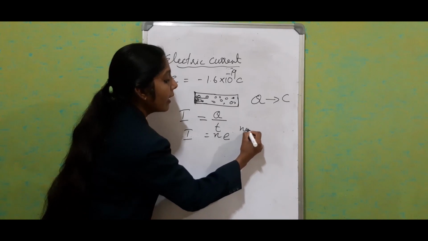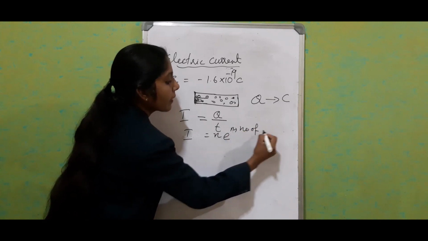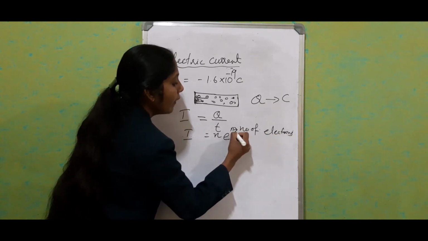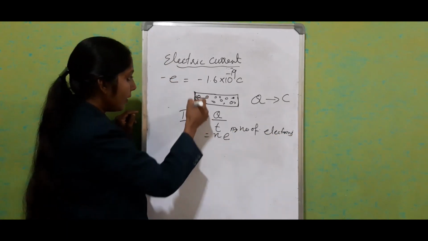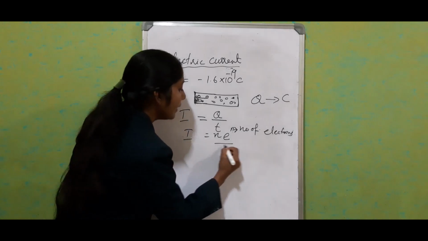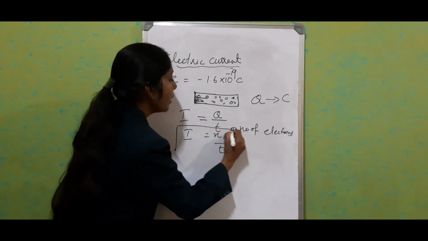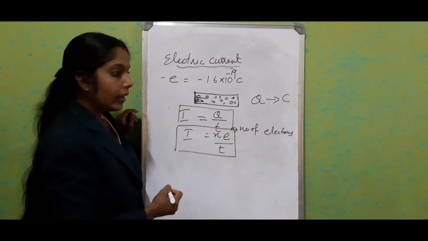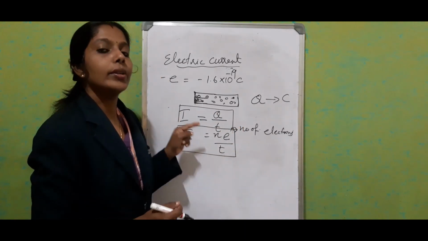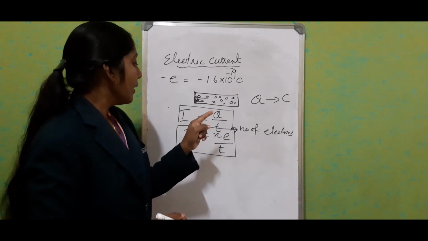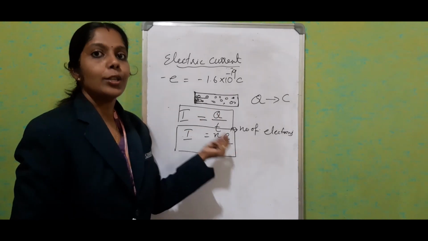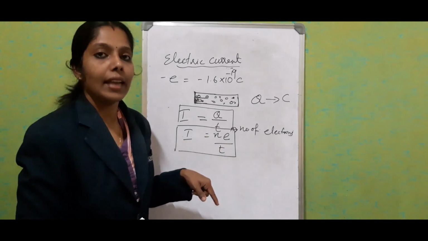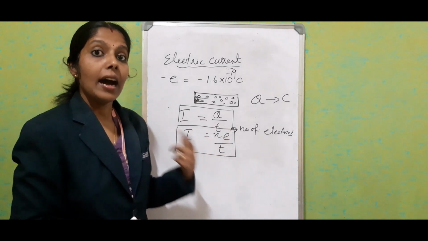N is the number of electrons traveled on this cross section in a particular interval of time. So current is equal to Q divided by T, or I is equal to the number of electrons into the charge of an electron divided by T. This is how we calculate the electric current in a metal.